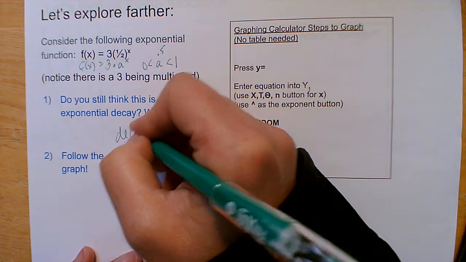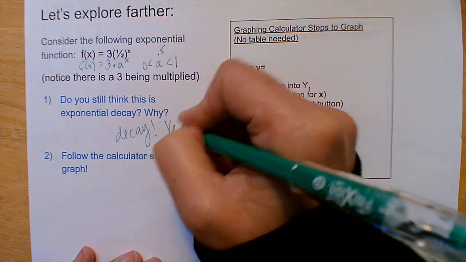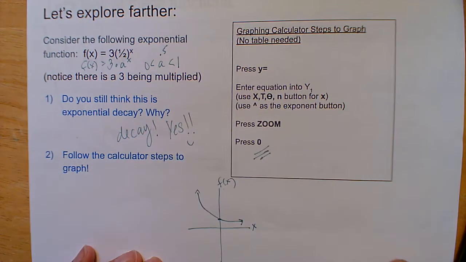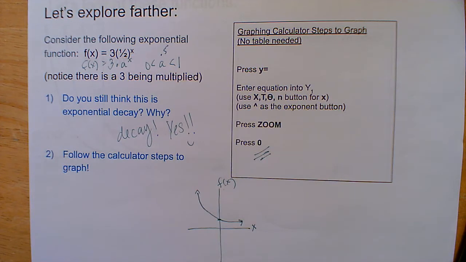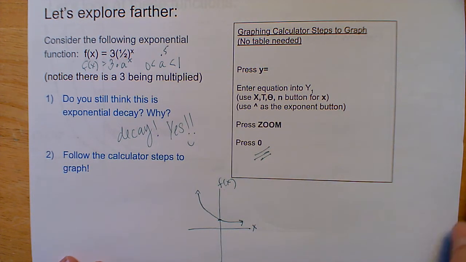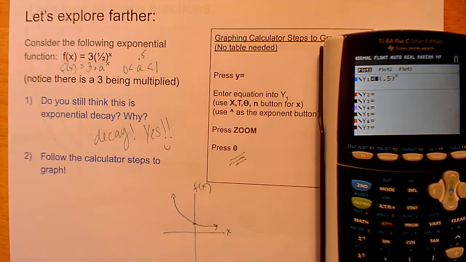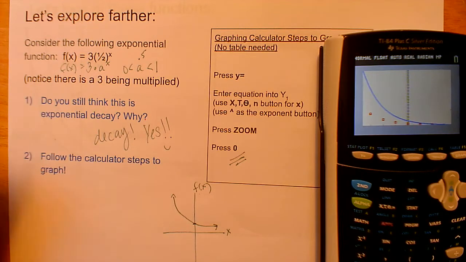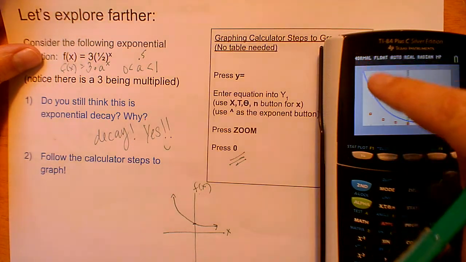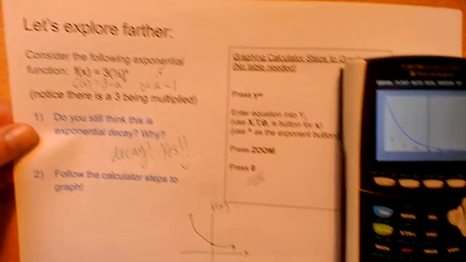I'm going to put decay. Yes, I was correct. I followed the graphing calculator steps, and I found that it was exponential decay. So this has been your lesson on how to use y equals to put your equation in and find your graph. And that blue curve is your graph.